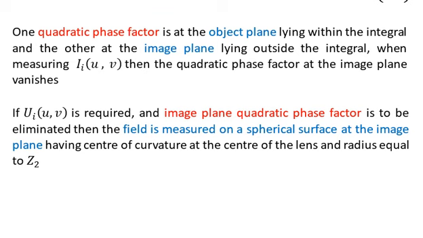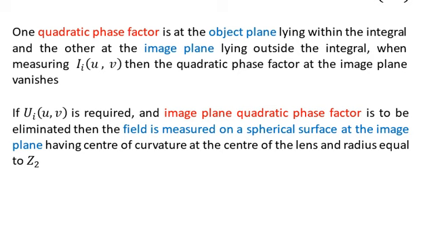If the output field ui at the uv coordinate is required, that is, if we are talking about only the field at the image plane, the image plane quadratic phase factor has to be eliminated.